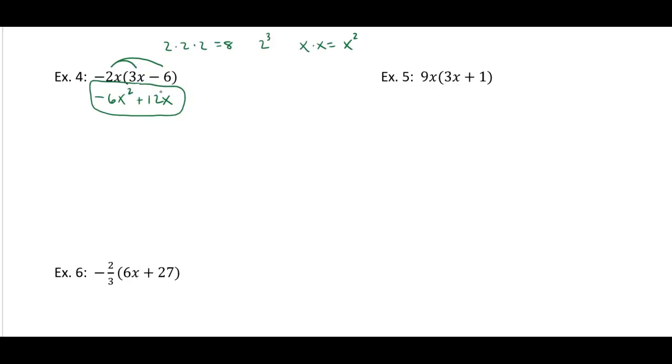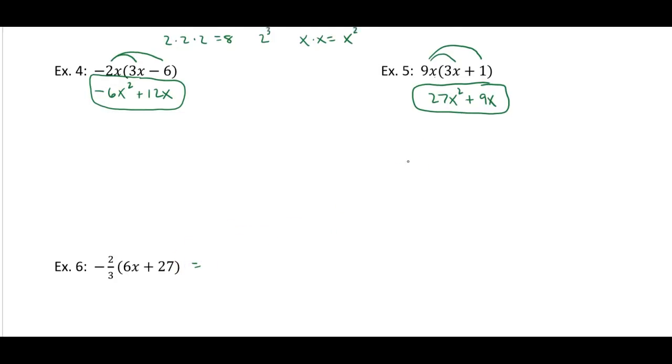That cannot be simplified again because those are not like terms. The next one, 9 times 3 is 27. X times x is x squared. And then 9x times 1 is positive 9x. And we are done there.